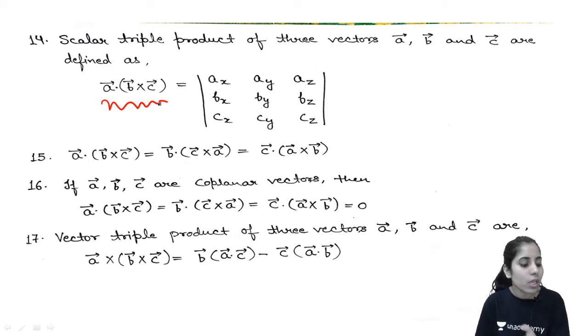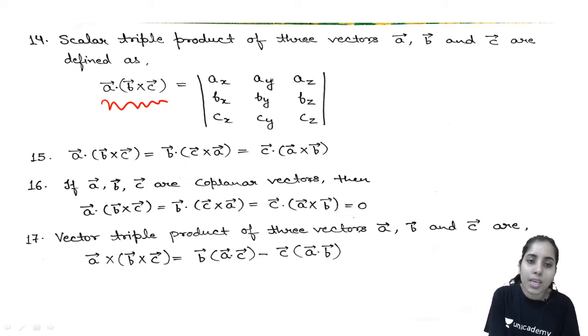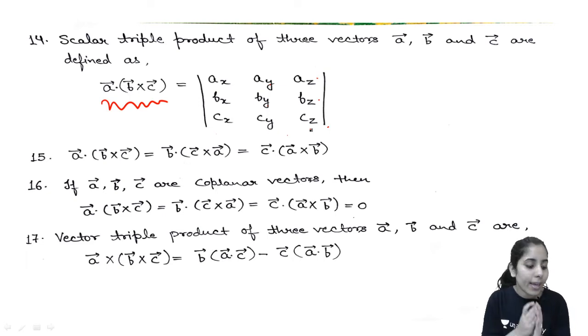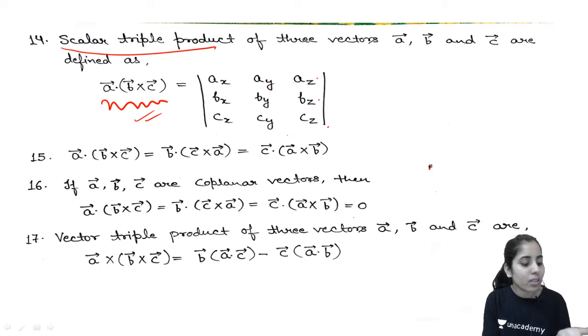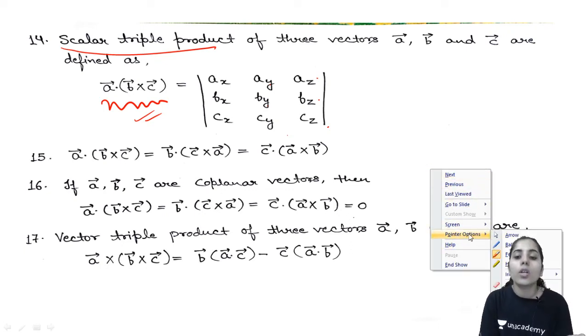So guys, A dot B cross C will be equal to the determinant with rows AX AY AZ, BX BY BZ, CX CY CZ. Coefficients of i cap, j cap, k cap we have written in the form of a determinant, and that's how we can simply get the scalar triple product. I hope it's clear.